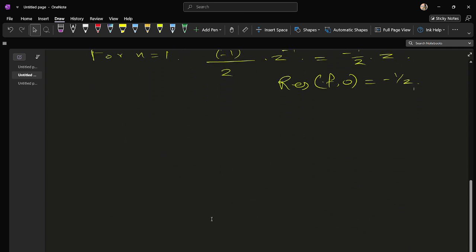So our residue of f at 0 is minus half. Now we apply the residue theorem.